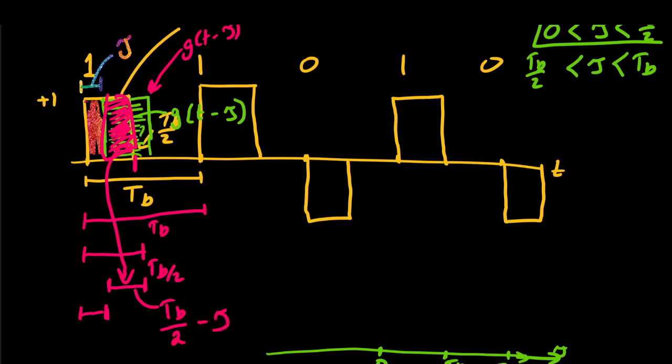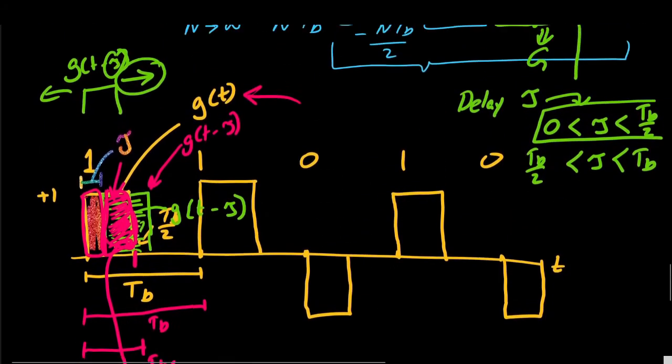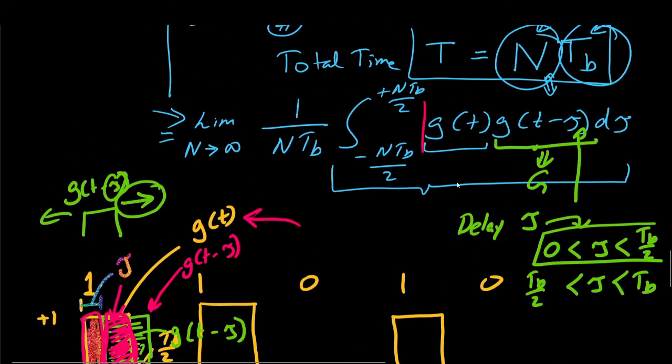That is, we are extracting this part out from this signal. So this was tau and this is TB by 2 minus tau, and this is the part that is needed in the integration.